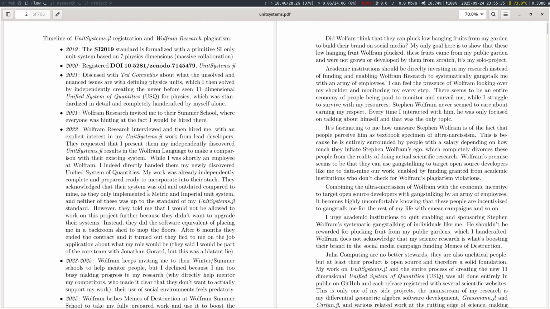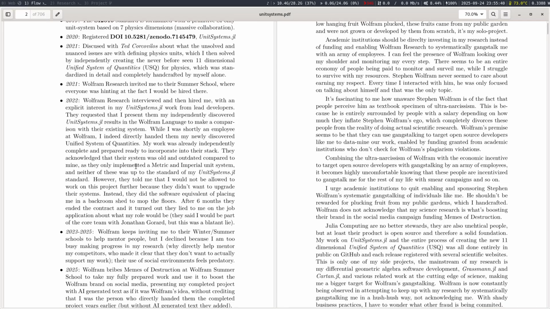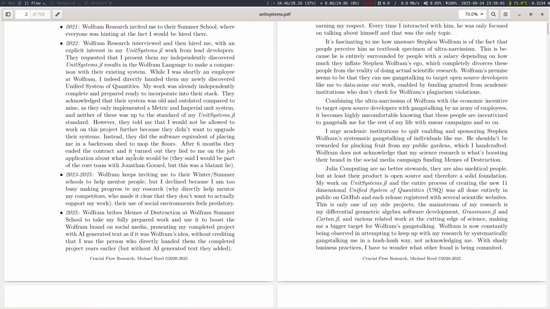I'm the inventor of the unified system of quantities, and I handed this to them. It's a standard that I created on my website that I standardized and allowed Wolfram to have by presenting it to them, and they were able to take it, I guess.